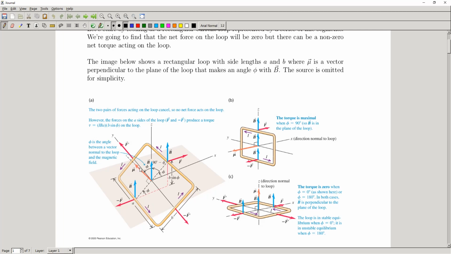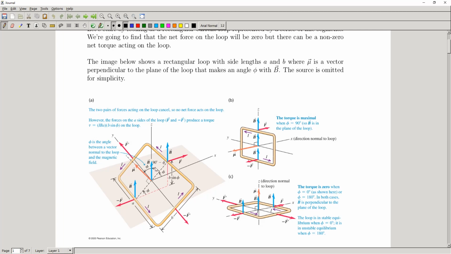This mu points directly out of the plane, very similar to what our area vector does when we're looking at surfaces, right? And we're going to see that this mu, which ends up being called our magnetic dipole moment, and we're going to talk about that a little bit more in a second, is, part of what makes it up is the area vector. So we're going to see that they're really very, very similar, right?